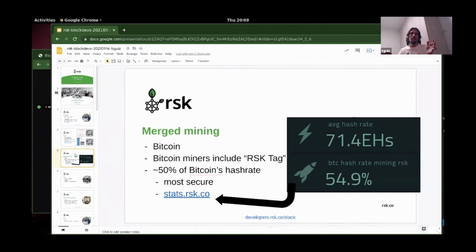It fluctuates somewhere between 40% and 60% nowadays, and you can see the live rate on stats.rsk.co. So roughly half of all Bitcoin mining hash power is dedicated to merge mining RSK. For this reason, we call ourselves the most secure smart contract platform.